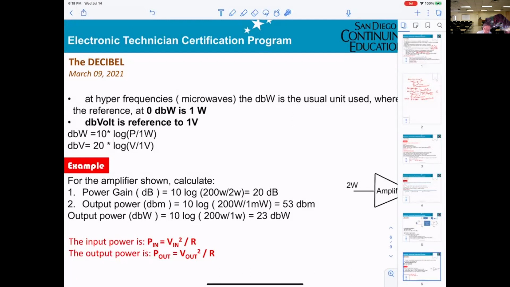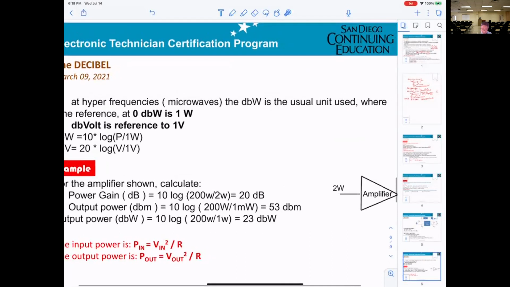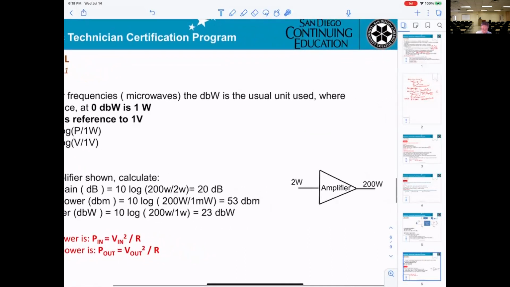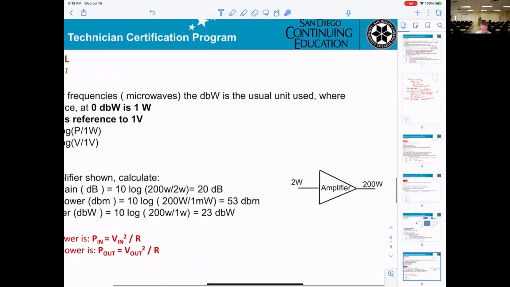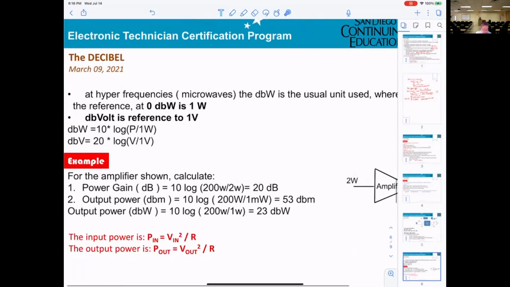Okay. They give you an example here. For this amplifier, you get input 2 watt, output 200 watt. They want the power gain. Then you take 10 times log of 200 divided by 2. You get 20 dB. Output power, okay?